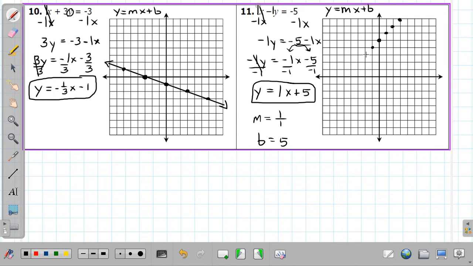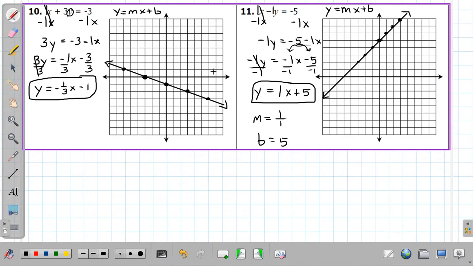Down 1, left 1. And you can keep going with that, and you can see all of these points should be on the same line. So your line should look like this. Where once again, you can see what the y-intercept is right here, and our slope is 1.